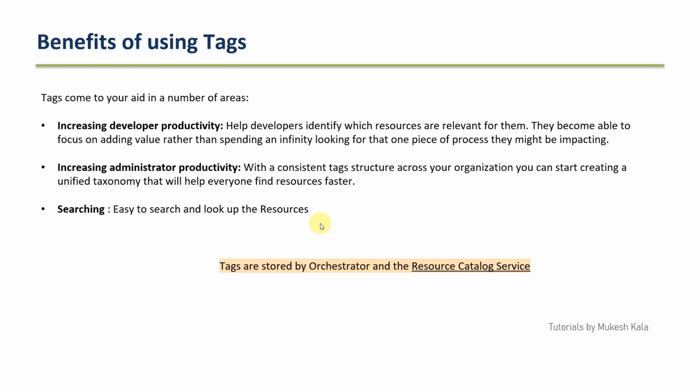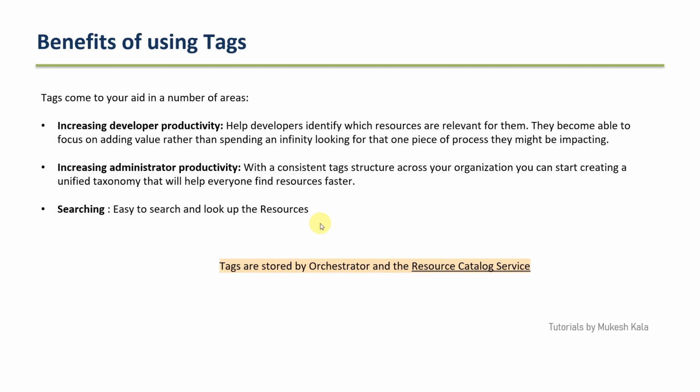So your unified taxonomy is there, everybody follows that, so you know which resources are in which areas. The last bit, when all your resources are tagged and you are following a unified taxonomy, you can easily search, you can easily look up the resources, and you easily know which resource belongs to which category.